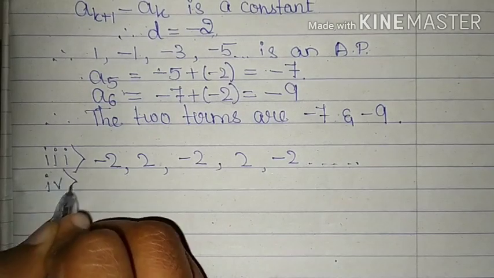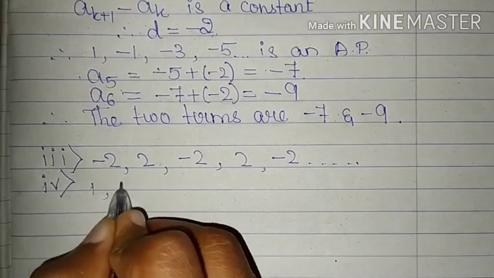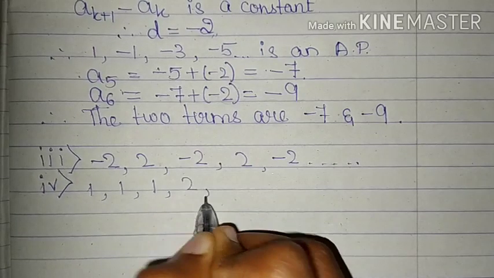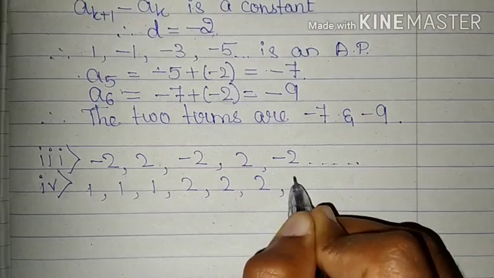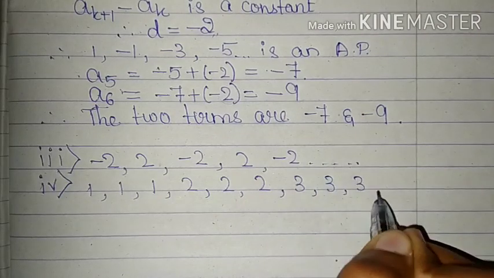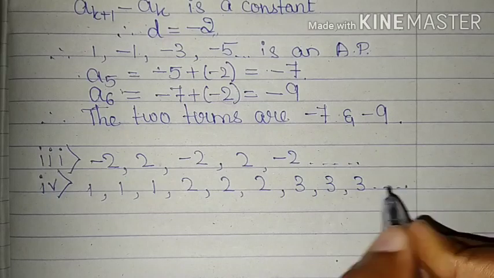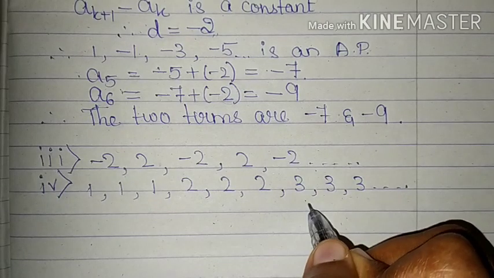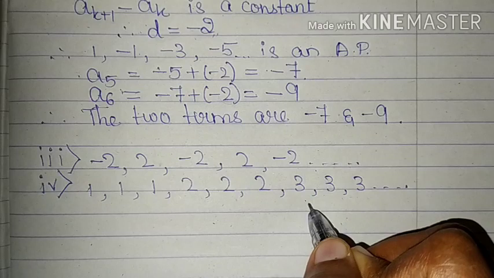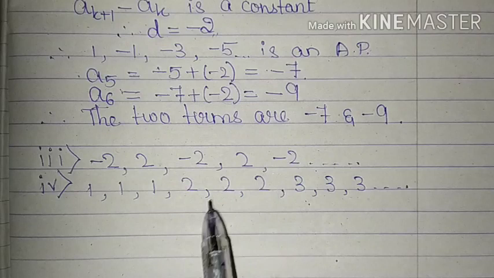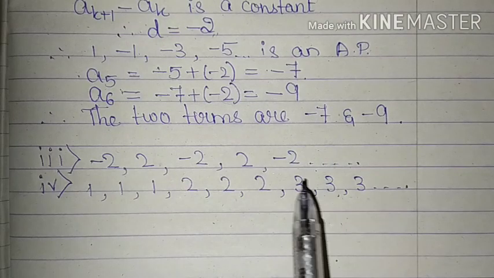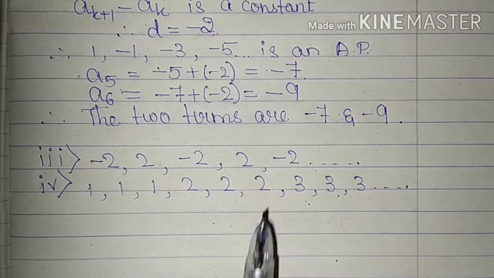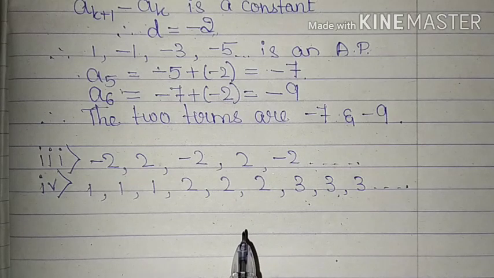And the fourth list is 1, 1, 1, 2, 2, 2, 3, 3, 3. You have to find out whether these two lists of numbers form an AP or not. Pause the video and solve it. Since there are too many terms, stop when you find that the difference between the terms is not a constant number.